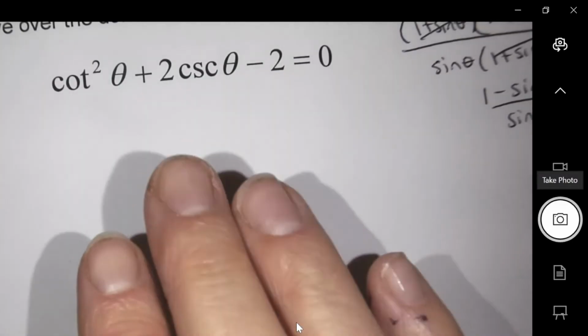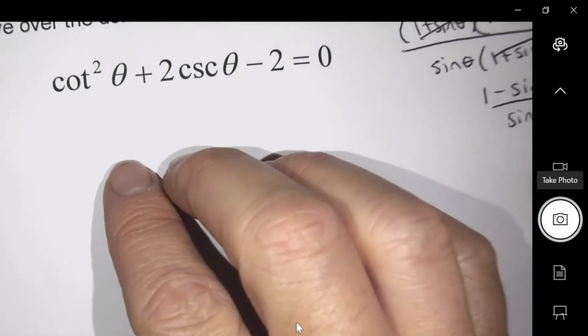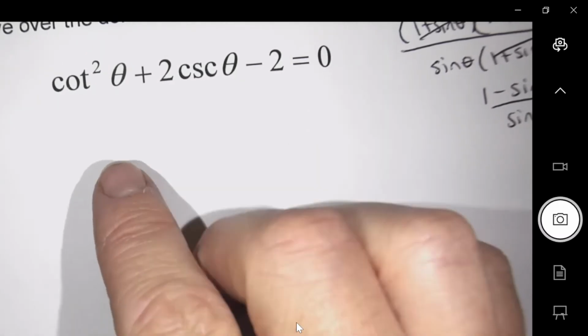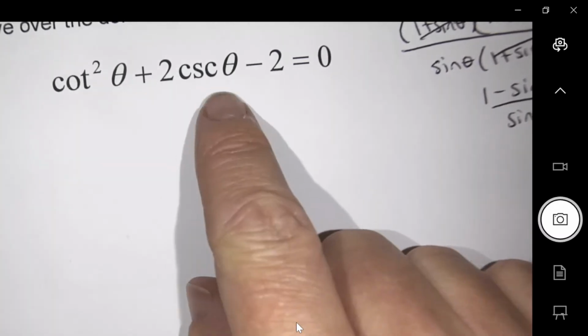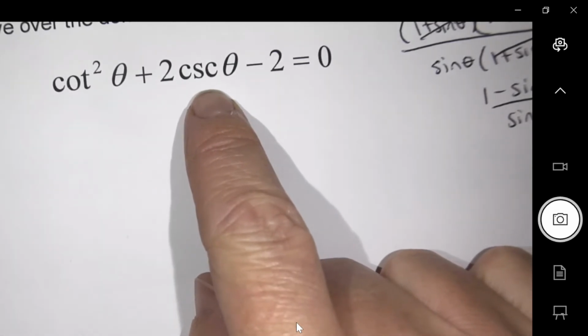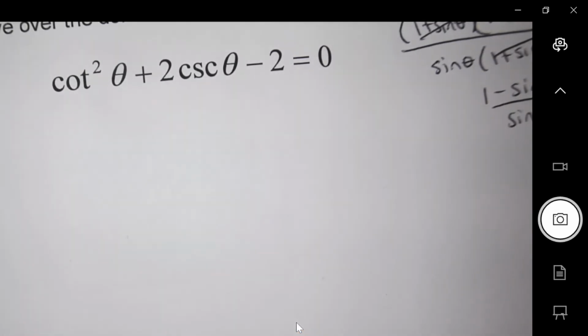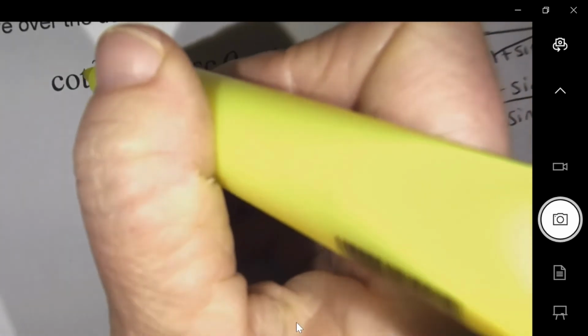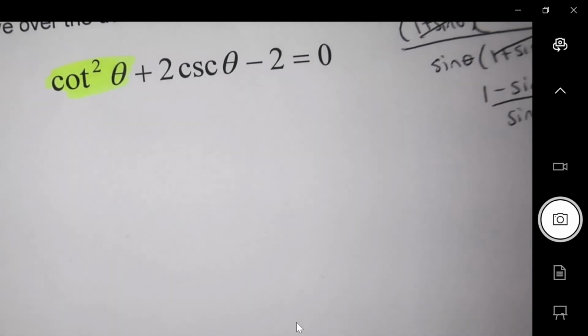Okay, this is not working for us because there's cotangent stuff, there's cosecant stuff. That's not good. Is there anything I can replace? What do you always look for when you're replacing stuff? You're looking for the squared stuff.